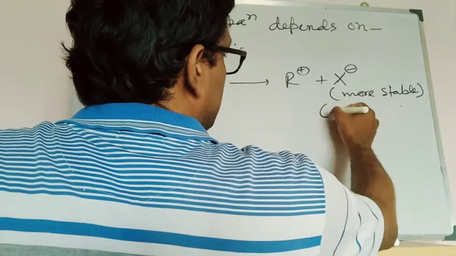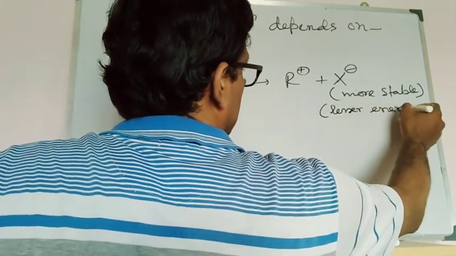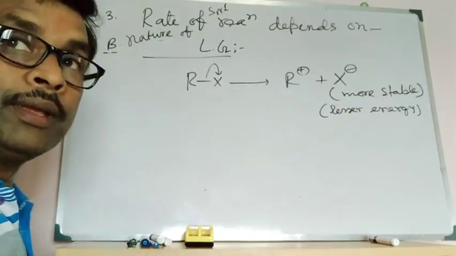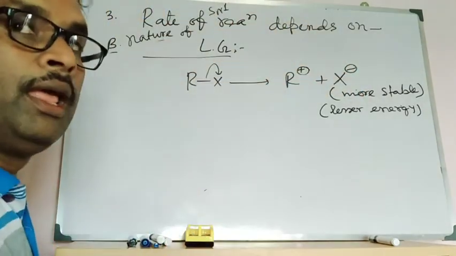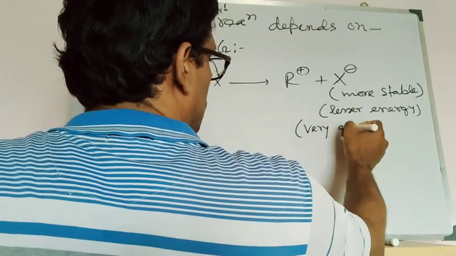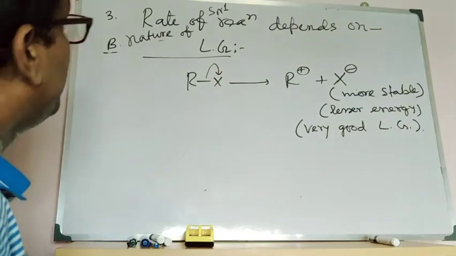More stable means lesser energy. If the species after leaving the substrate is more stable, then it will be a very good leaving group.